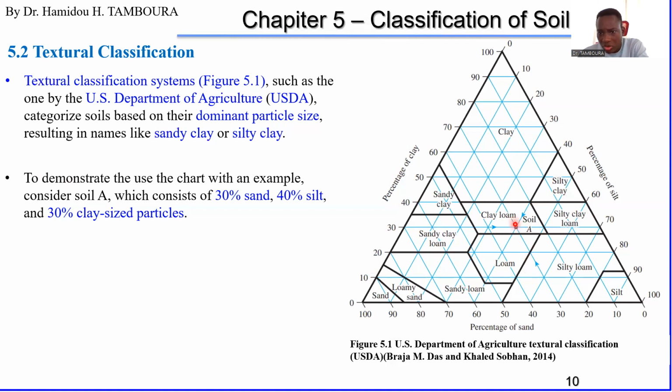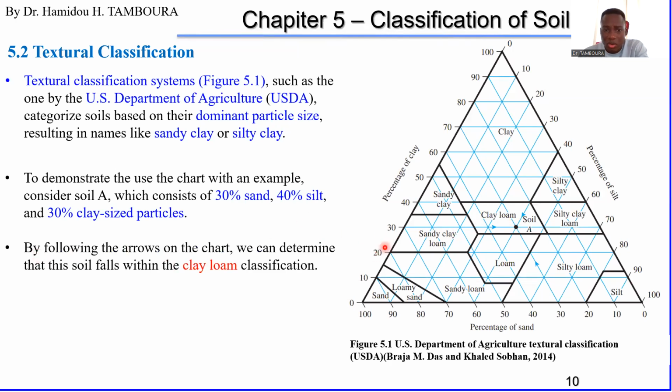So it means your soil A is classified here: 30% of sand, 40% of silt, and 30% of clay or clay sized particle. So in that case, you can say that according to this classification, your soil is clay loam. This is because everything that falls in this zone is classified as this soil, clay loam.